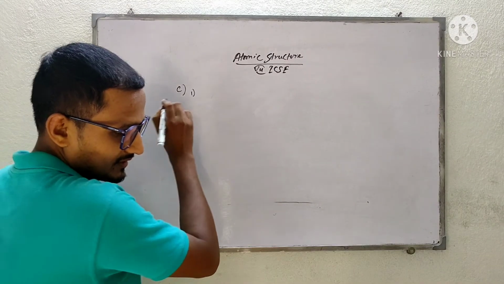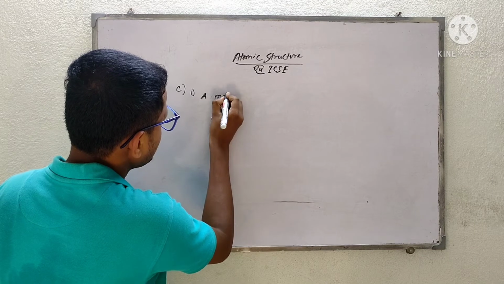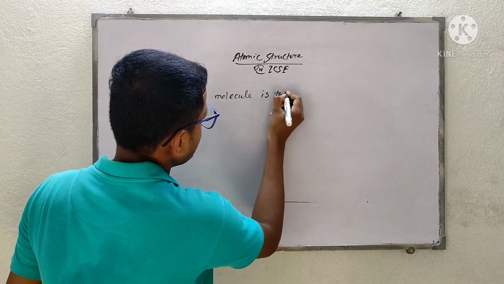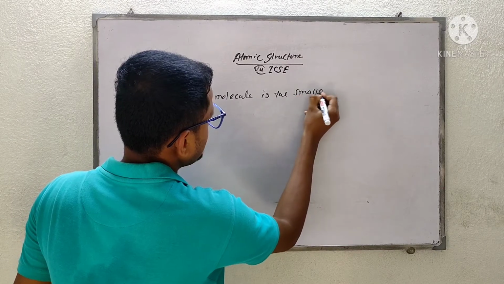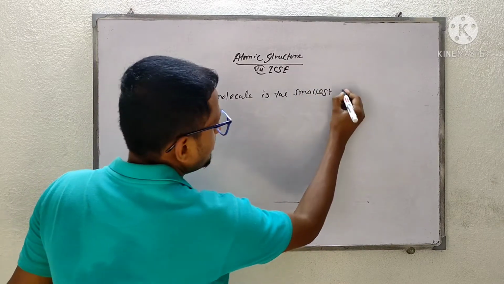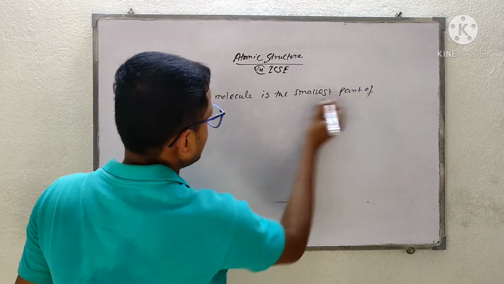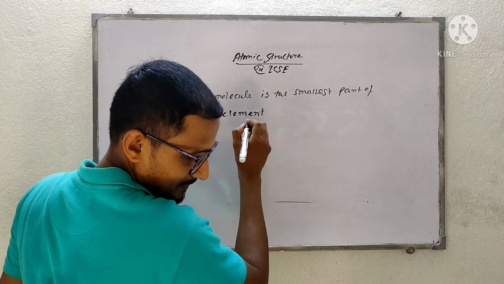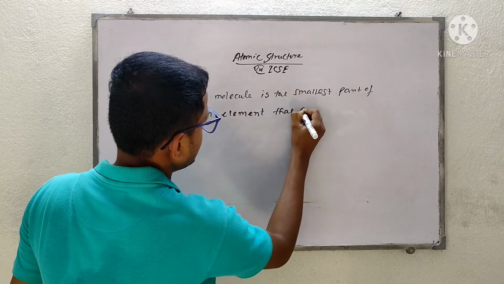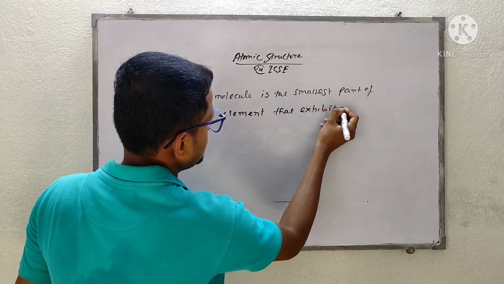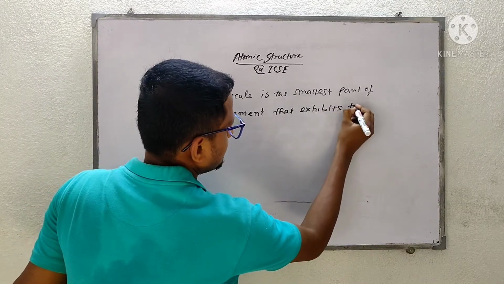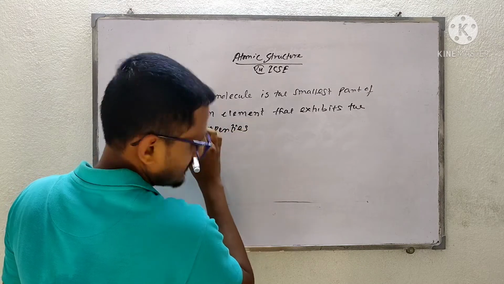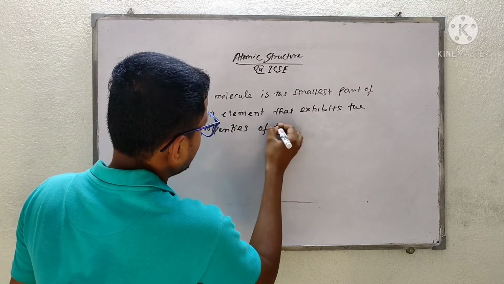Here, in C1, one question is given: a molecule is the smallest part of an element that exhibits the properties of that element.